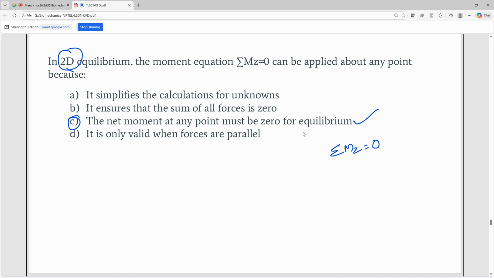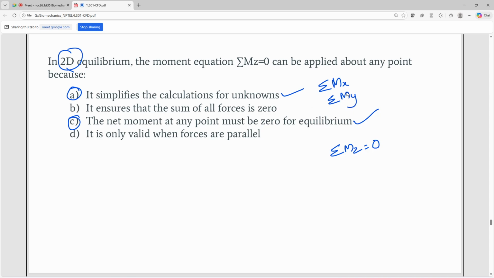But I have already told you on the first or second question itself, you should check whether there are multiple right answers. Option A, that it simplifies the calculation for unknowns, is also right, because even in 2D equilibrium we can take sigma Mx or sigma My.